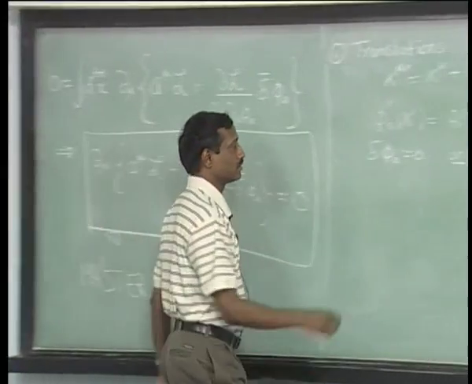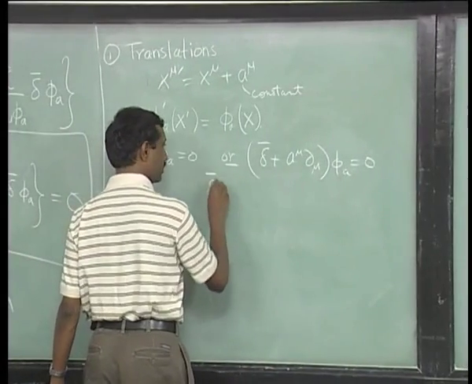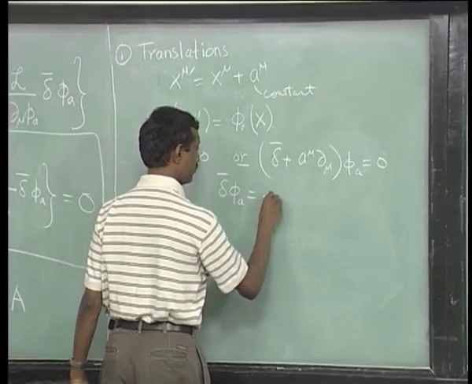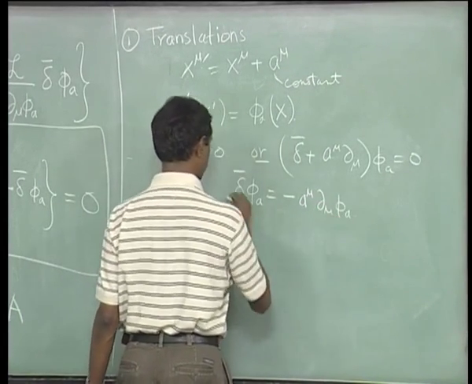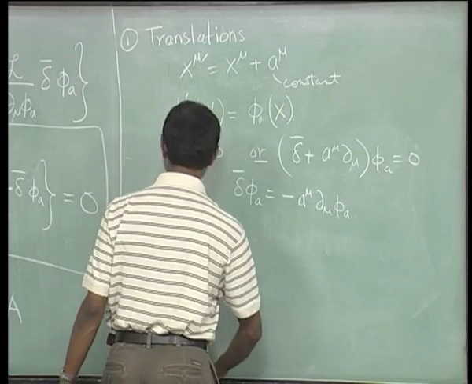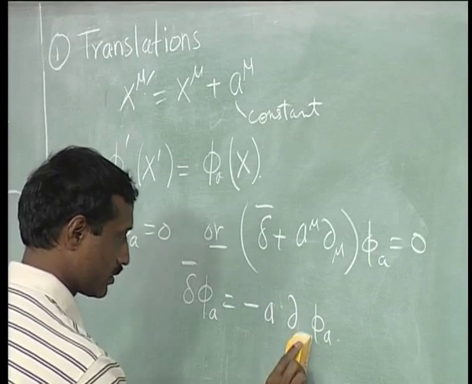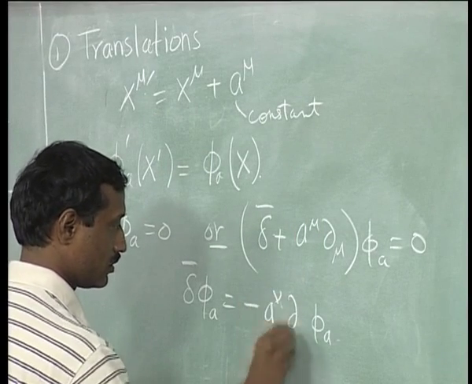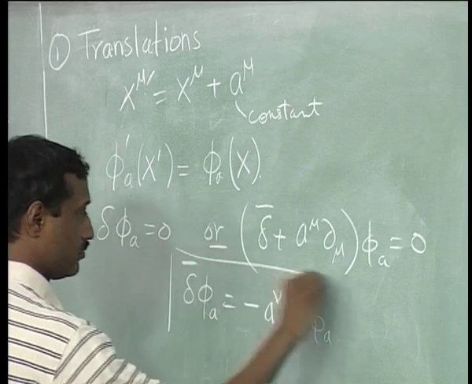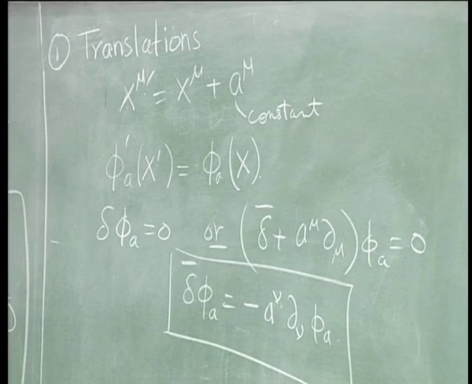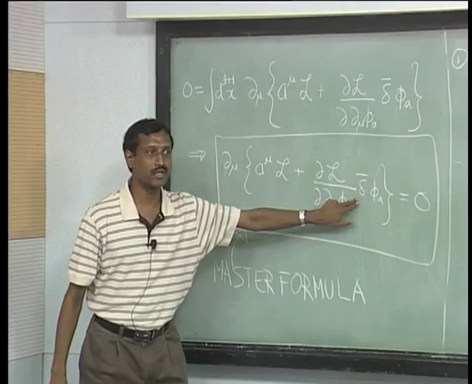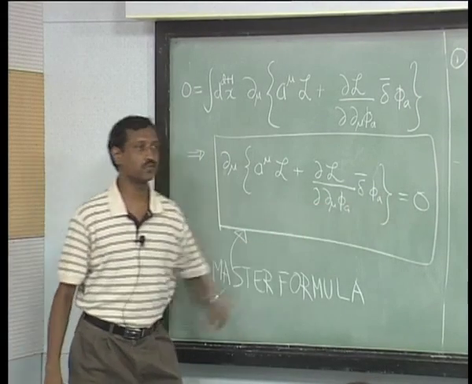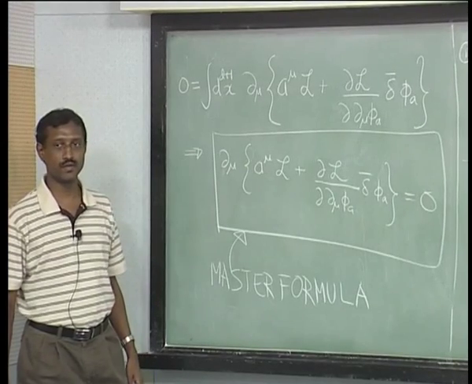So, what we get is delta bar of phi a is equal to minus a mu d mu phi a. I will call this some other index. So, we have everything we needed, we put in delta bar of phi a, which I just worked out, and we know already this thing.